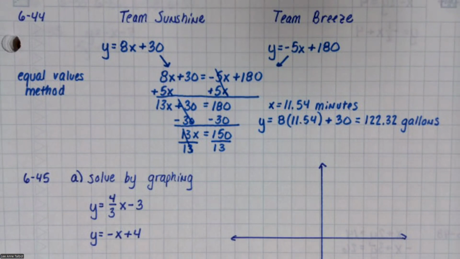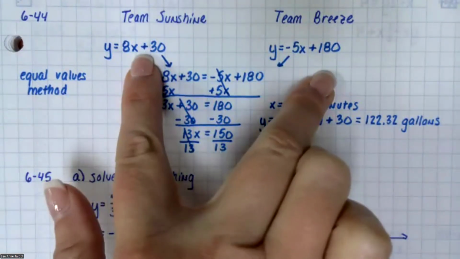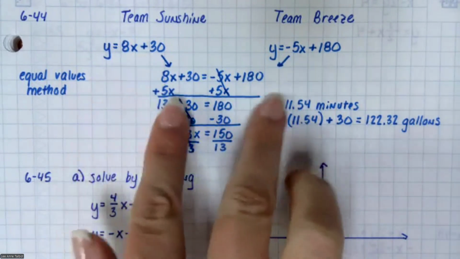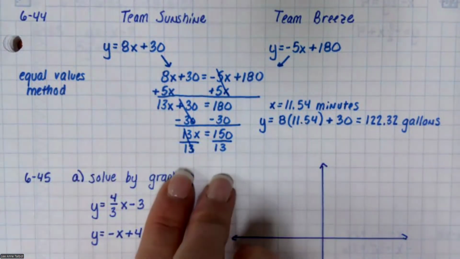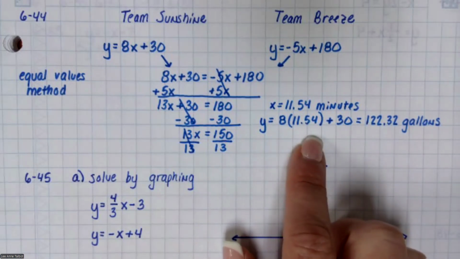Okay. Any questions about number 44? So word problem, we found both equations. They both equal to y, so we did equal values method, solve for x, and then plugged it back in to get y.